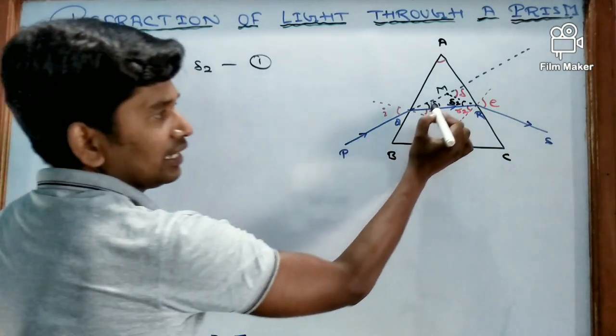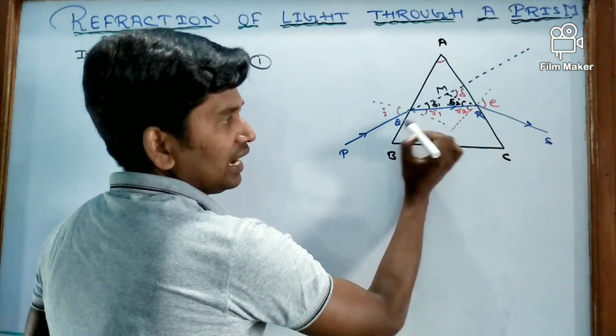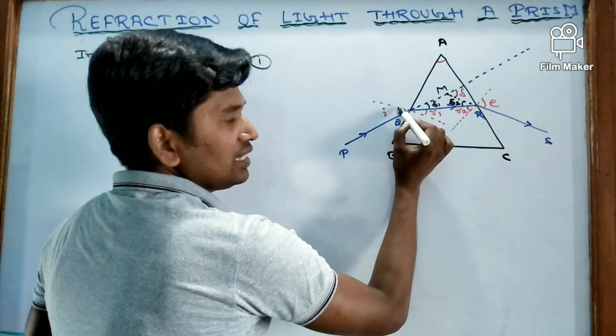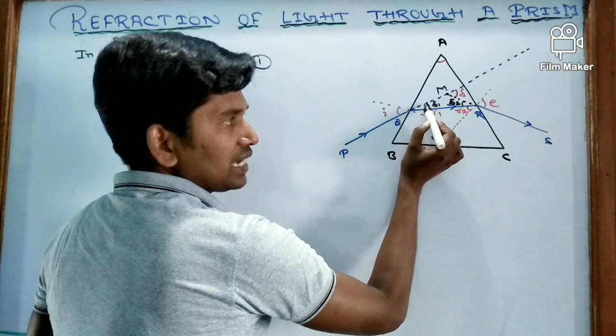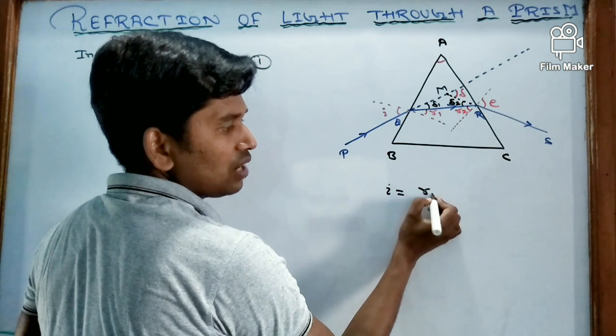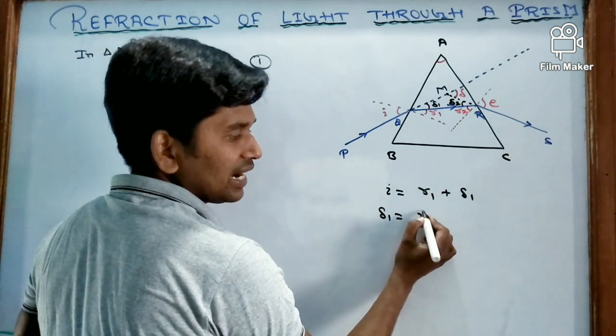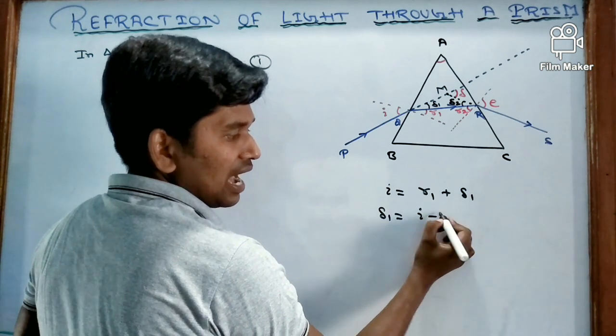Now, for this delta 1, with this red dotted line and this blue line, this angle is I, so by vertically opposite angles we can write I is equal to R1 plus delta 1, or delta 1 is equal to I minus R1.